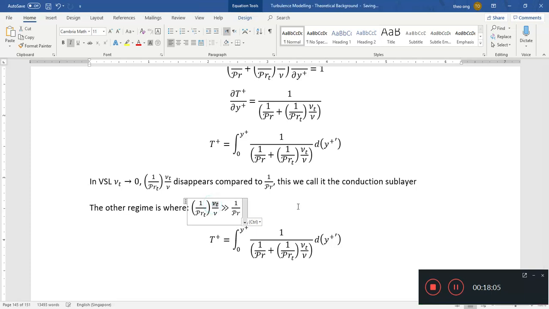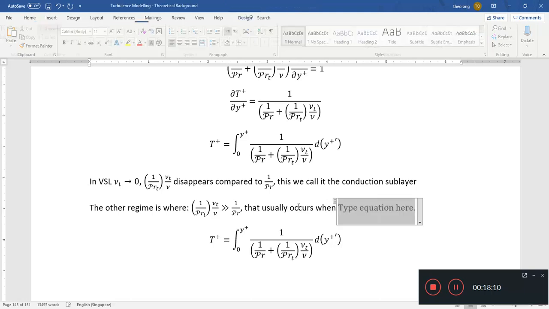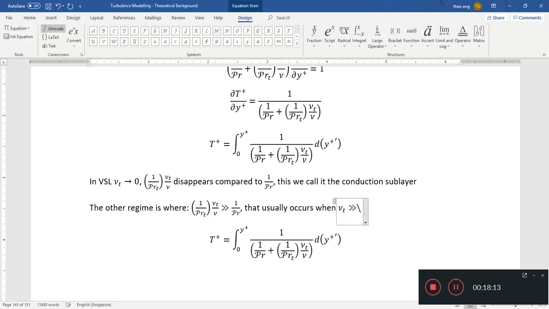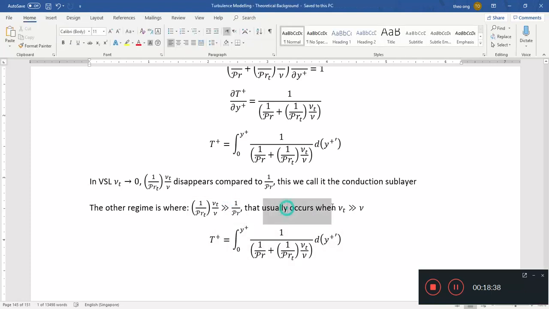That usually occurs when nu t is much greater than nu, and we know the turbulent Prandtl number is on the order of magnitude of 1, as we've seen before, but that's from experimental data anyhow. So if you have nu t much greater than nu times the turbulent Prandtl number, then we have a log layer regime.